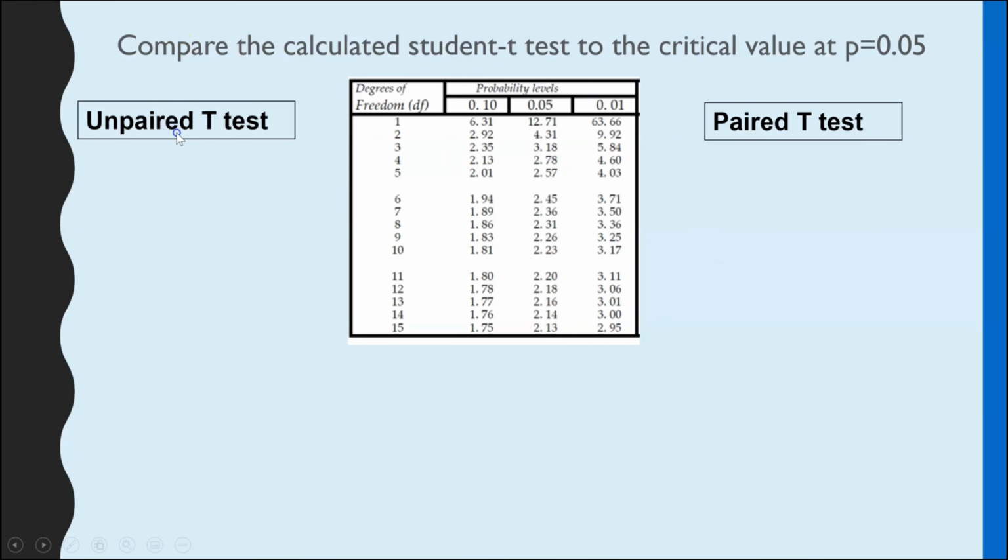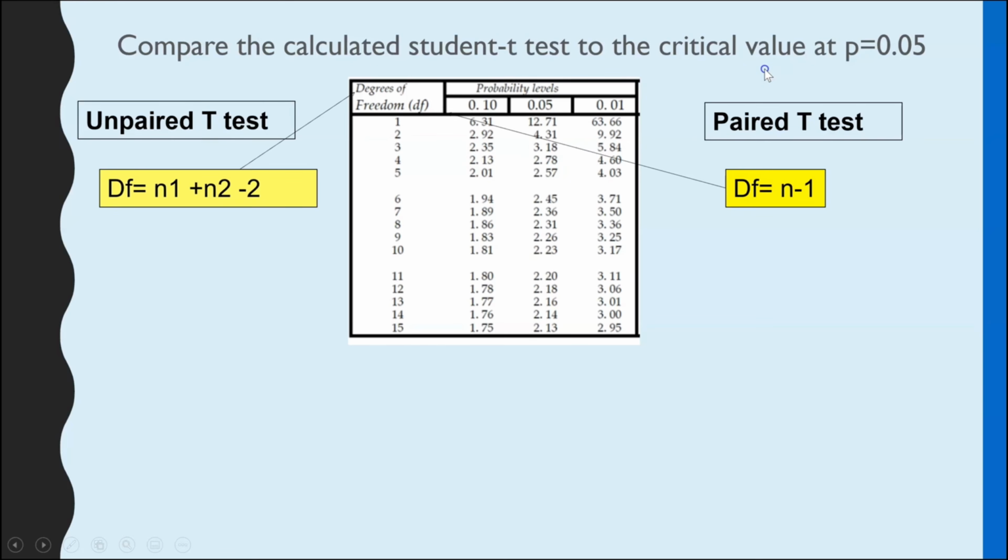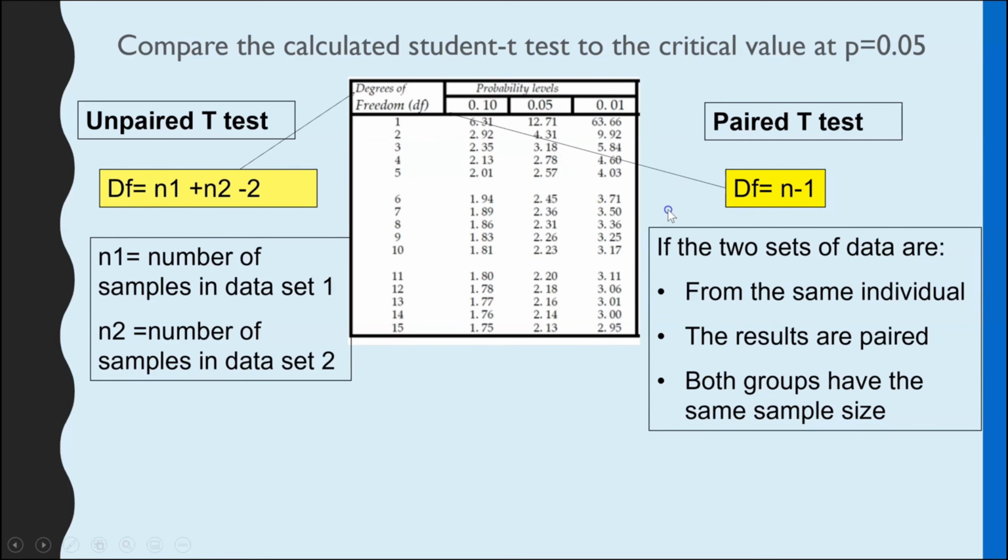And you can either have an unpaired student t-test or a paired student t-test, and that determines how you work out your degrees of freedom. So if it's a paired student t-test, that means the two means are from sets of data that were collected from the same individual. That's why we're saying the results are paired. All the data came from one individual, and therefore you automatically have to have the same sample size.